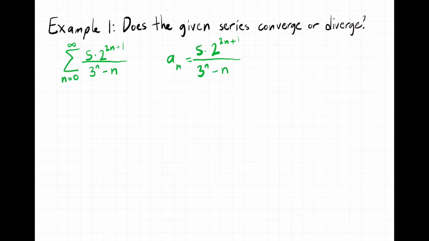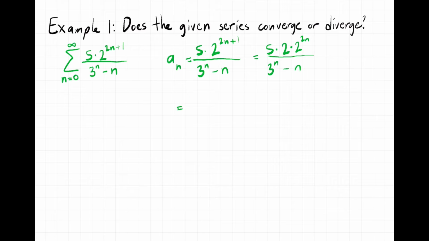So first things first, I don't like that I've got this weird 2n plus 1 in my exponent on the top. I'd like to adjust that a little bit. So this is the same thing as 5 times 2 times 2 to the 2n power. And on the bottom we've got 3 to the n minus n. So I can rewrite that.